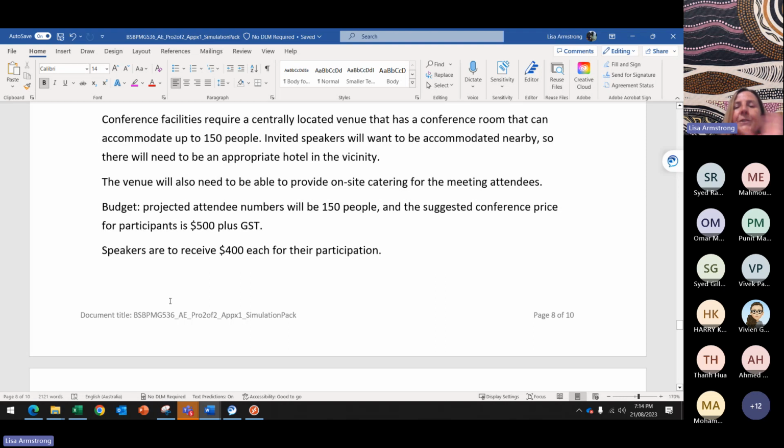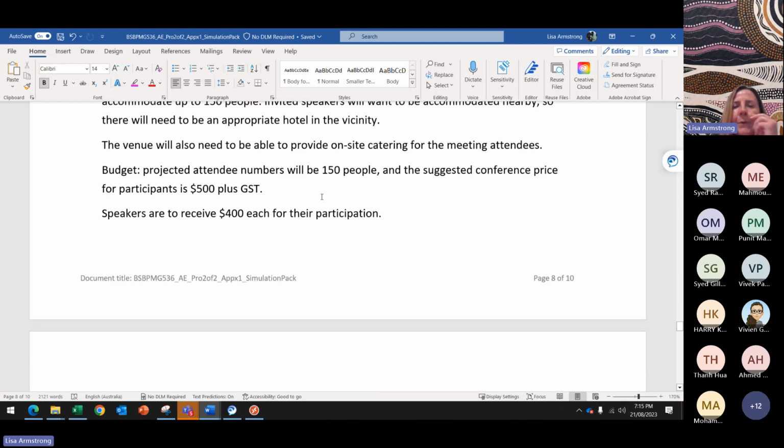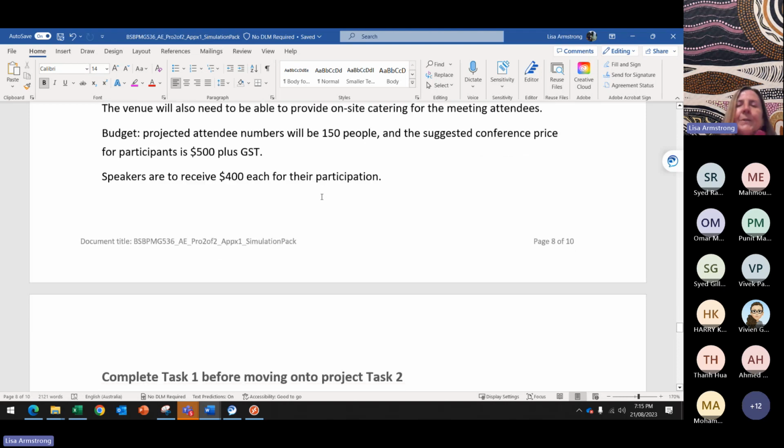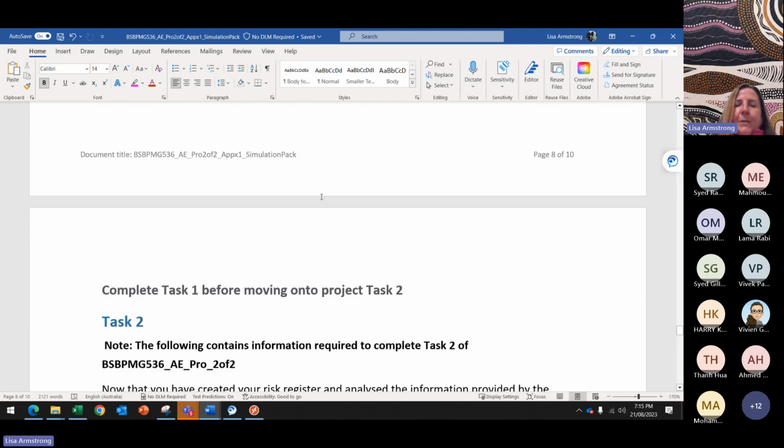Invited speakers will want to be accommodated, so we need accommodation nearby for speakers. We need an appropriate hotel in the vicinity. The venue will also need to be able to provide on-site catering. We have a budget based on 150 attendees, $500 plus GST per guest. Speakers to receive 400 each for their participation.